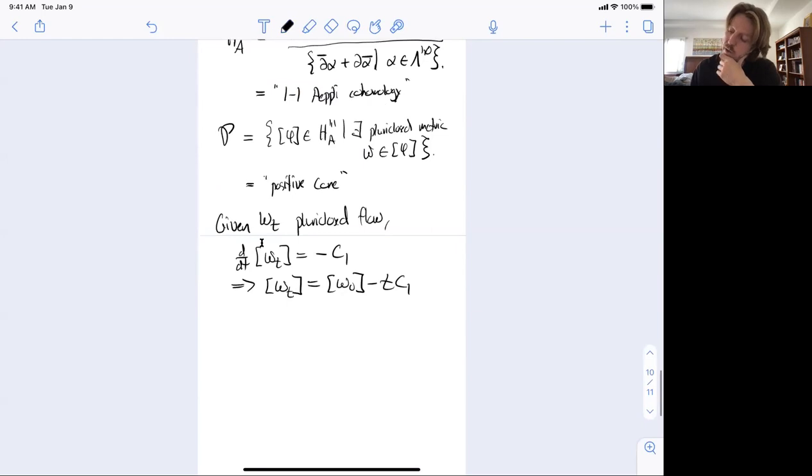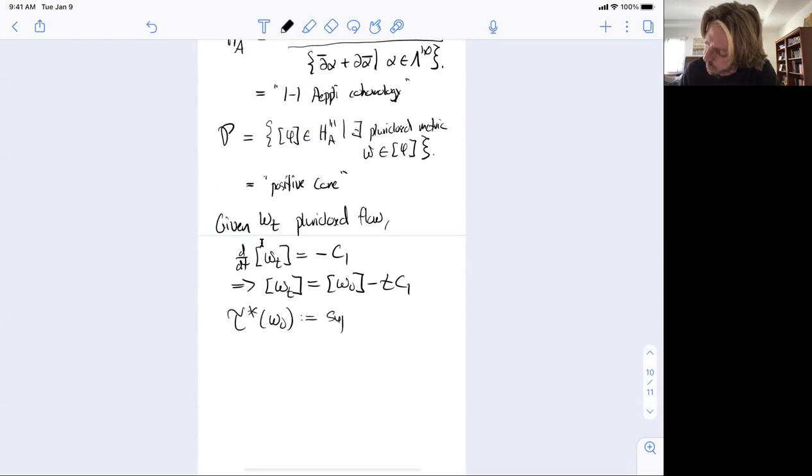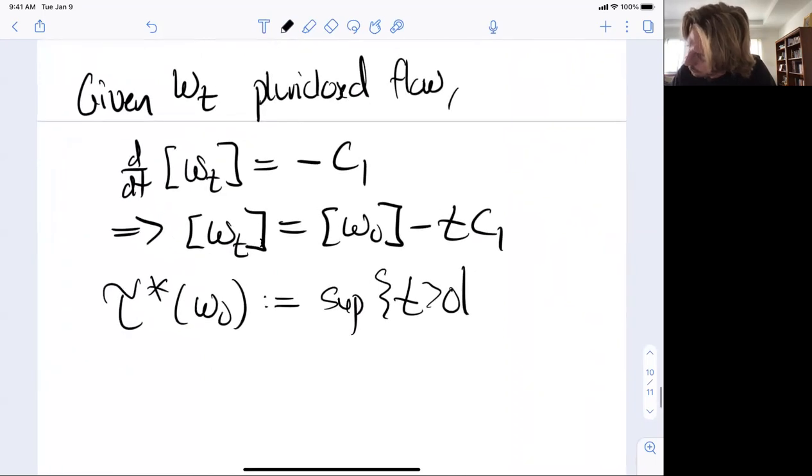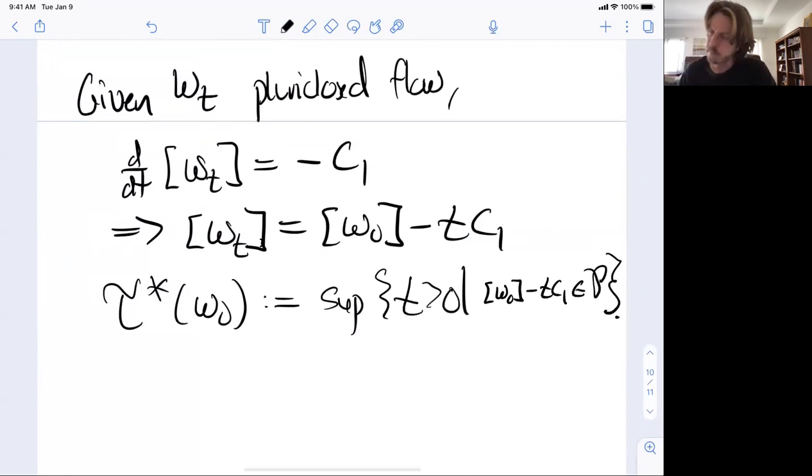Okay. So the point is we do move in this cone, and tau star of omega_0 by definition is the same as it was above. So this is the largest time such that omega_0 minus t c_1 lies in the positive cone. Okay.